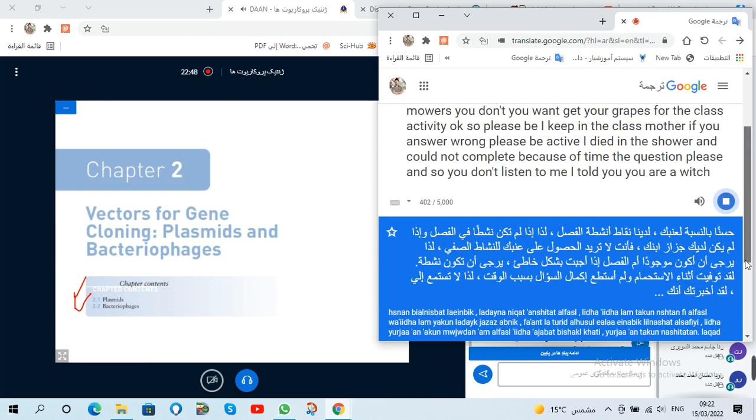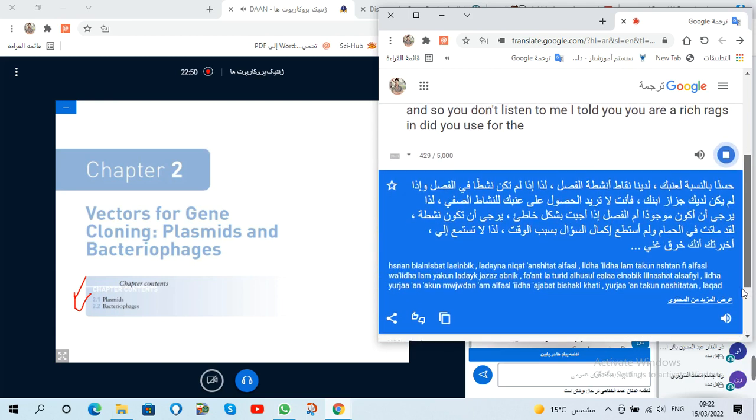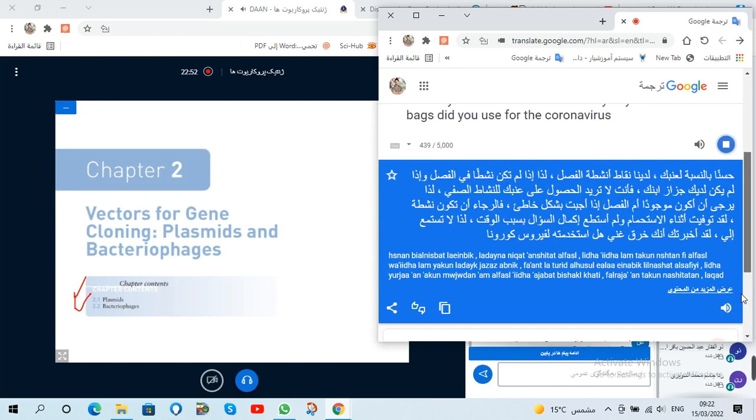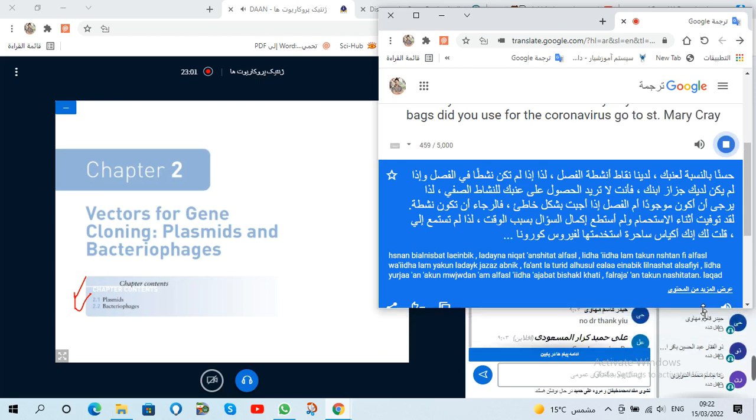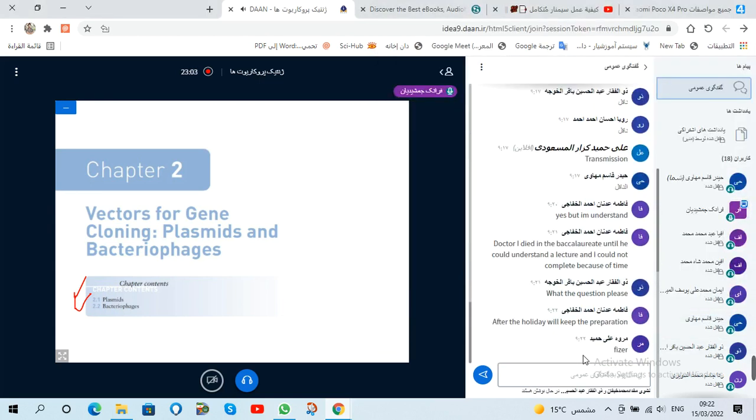Which vaccine did you use for the coronavirus? This is a very common question. Pfizer? Did you use AstraZeneca? Who had AstraZeneca vaccine?